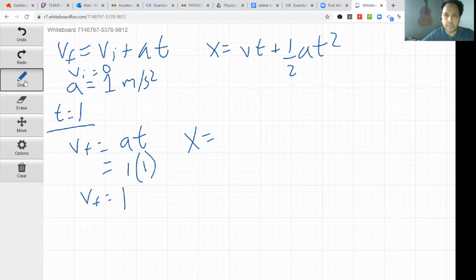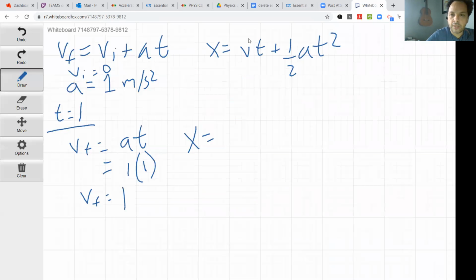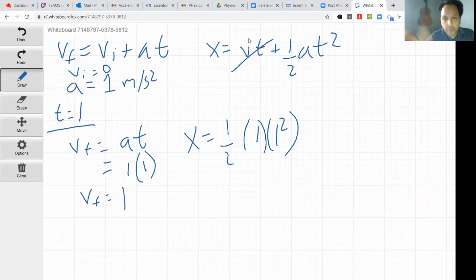Is that initial velocity? I think it is. Yeah, initial velocity is 0, so this will always cancel out. So all we have is 1/2 times 1 times 1 squared. 1 squared is 1, half of that, so the position is 0.5.